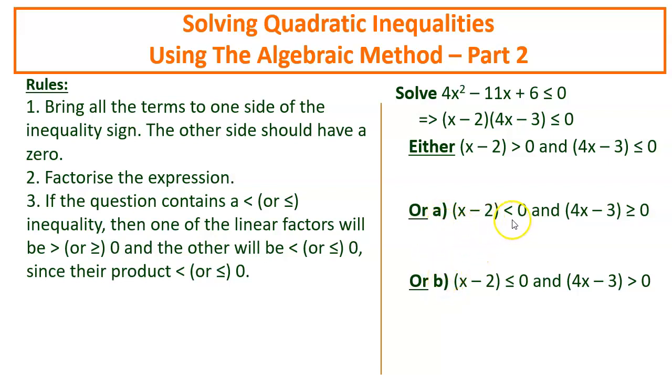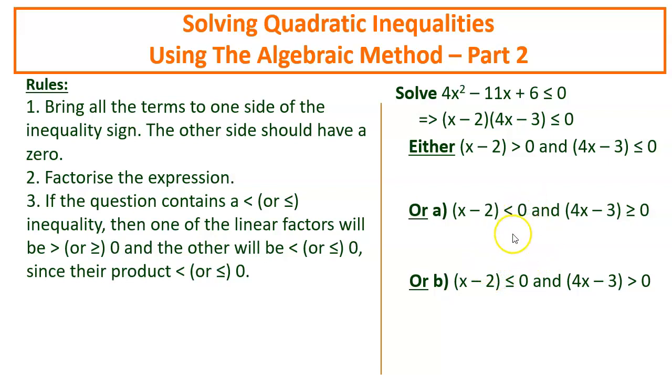Subpart A: x minus 2 is less than 0 and 4x minus 3 is greater than or equal to 0. Or subpart B: x minus 2 is less than or equal to 0. You see the two subparts are differing by the placement of this equality sign. For subpart A, the equality sign is attached with this 4x minus 3, and subpart B has the equality sign attached to x minus 2. This is the only difference between these two subparts.